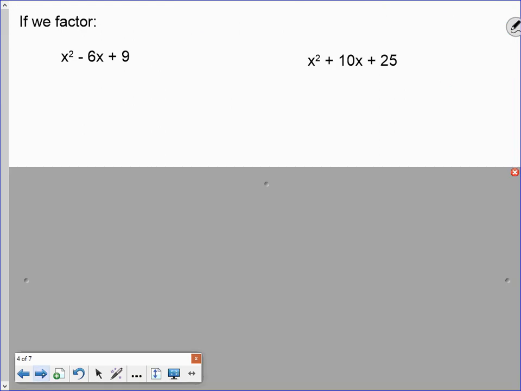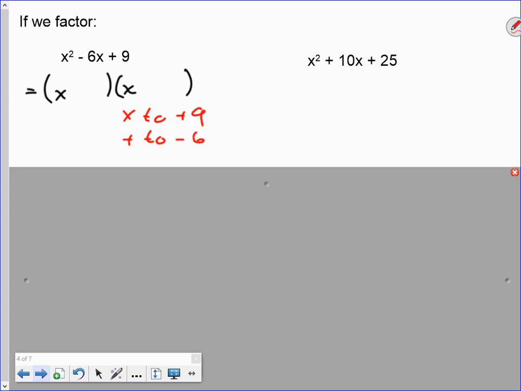The other one is even more closely related to just factoring trinomials. Let's look at what happens when we factor x squared minus 6x plus 9. We set up our 2 brackets here, x and x. We need 2 numbers that multiply to +9 and add to -6.